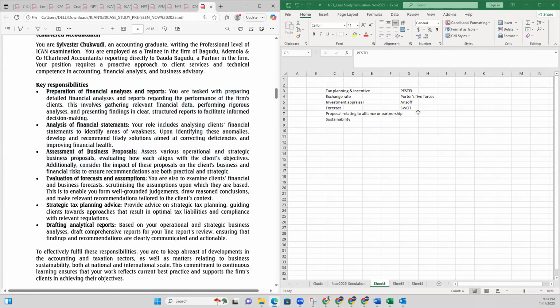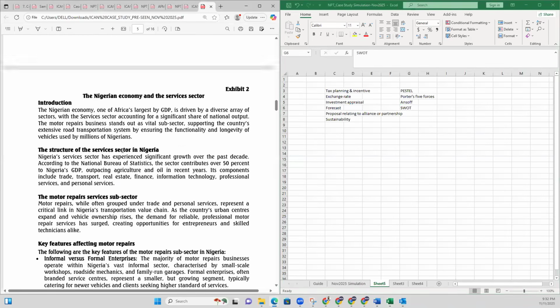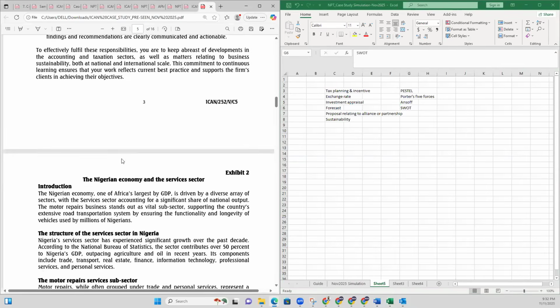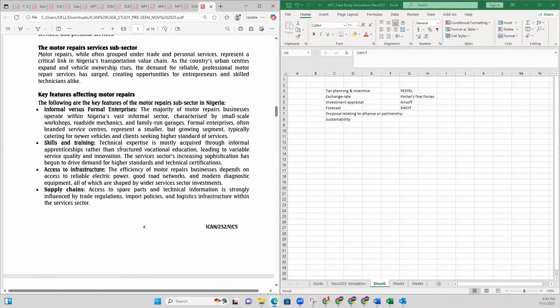And that might put some models in question, models like SWOT or PESTEL. If we go by your JD, it's very slim to get PESTEL or SWOT. But then again, the information you've been provided with is a lot.